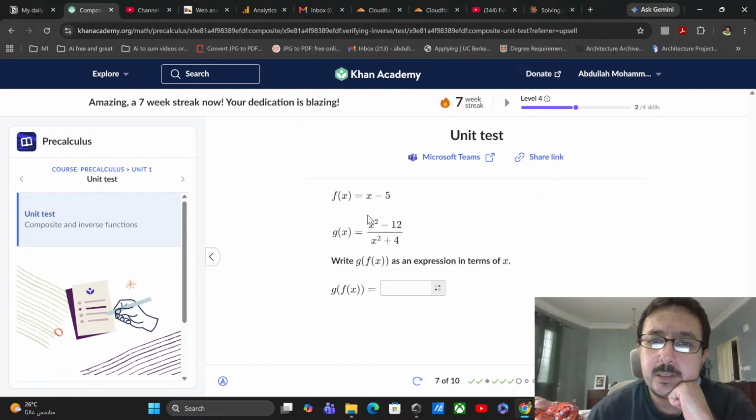It's gonna be x minus 5 squared plus 4 plus 12. Do we have to simplify it? Because this would be so easy if we don't have to simplify. Do we have to simplify it? It's a question.